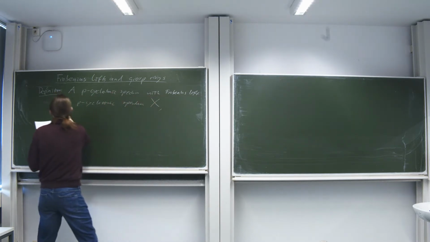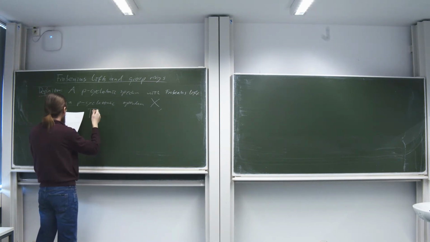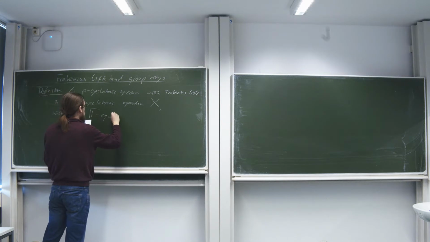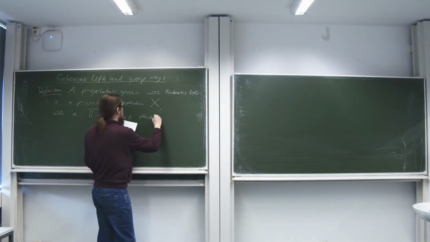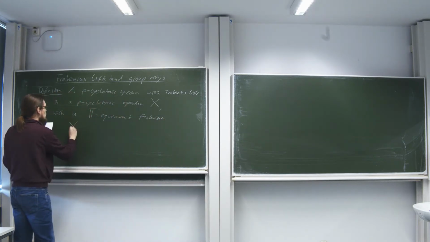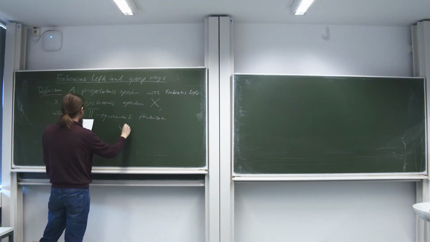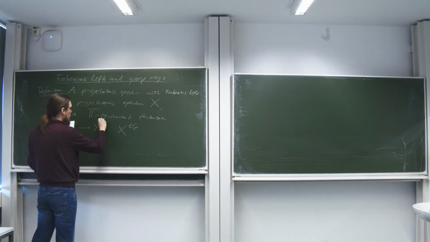is a p-cyclotomic spectrum X with a T or S1 equivariant factorization of the Frobenius. So the Frobenius goes to X upper Tate Cp, and we want this to actually factor through homotopy fixed points.